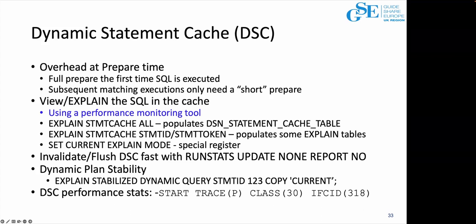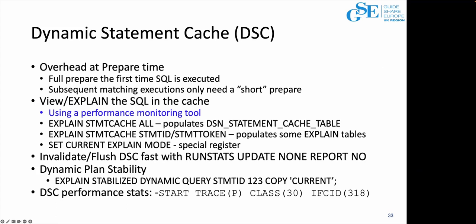The main overhead is determining the access path at prepare time, and this increases with each table in the SQL. The first time that the SQL is executed, a full prepare is performed and the SQL is written to the dynamic statement cache. Each subsequent time the same piece of SQL executes, assuming that a match is found in the cache, a short prepare is done and the SQL and access path are copied into that thread.